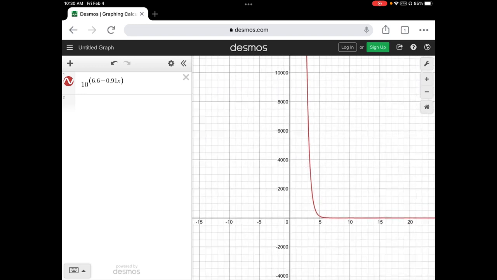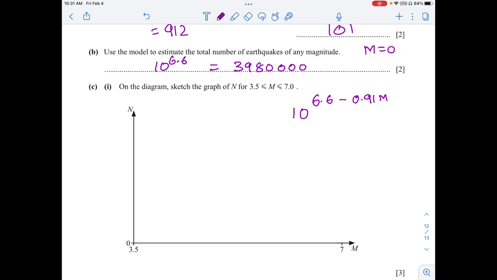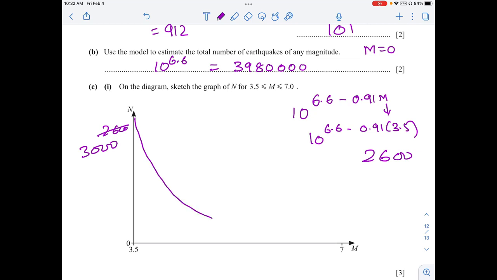It's coming and meeting almost at 7. It is asked from 3.5 to 7. When I substitute 3.5, 10 to the power of 6.6 minus 0.91 times 3.5 is approximately 2600. So I take it as 2600, or you can round it to 3000. You can see the graph is continuously decreasing.